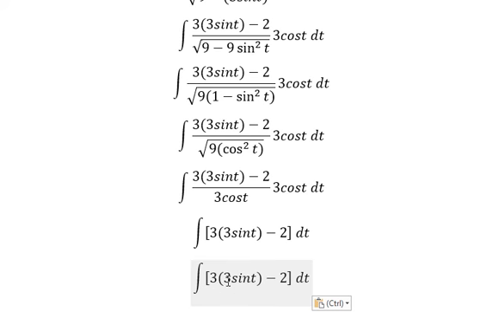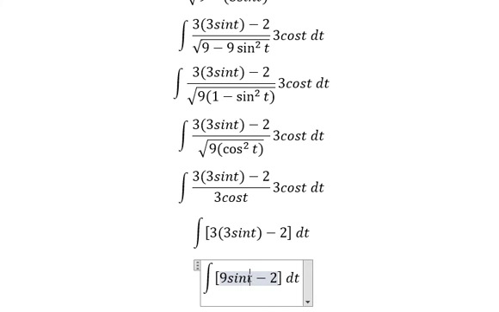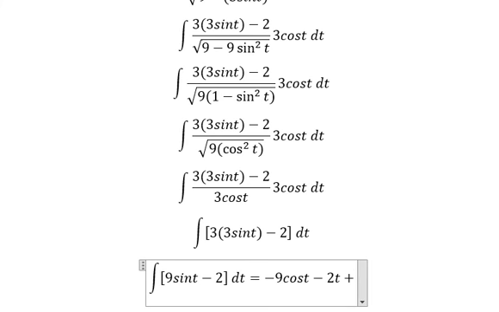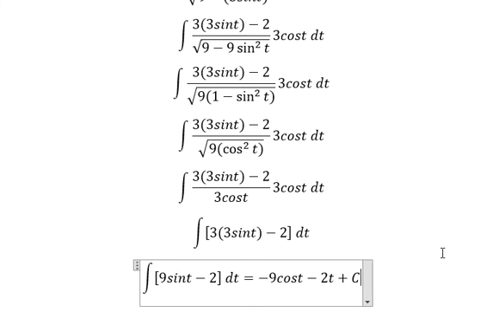Number 3 multiplied by 3, and you get 9 sine t. The integral of sine t you get negative cosine t. The integral of number 2 you get 2t, and we put c, that's the constant.